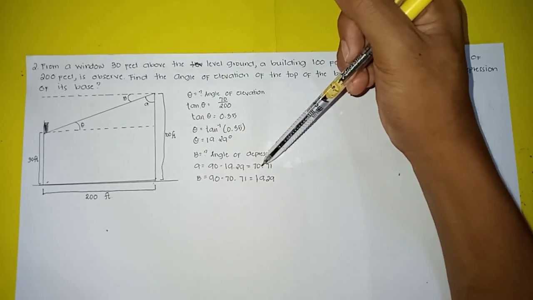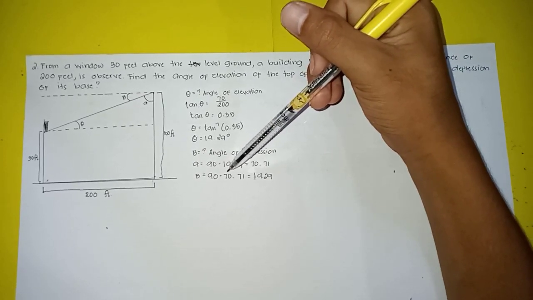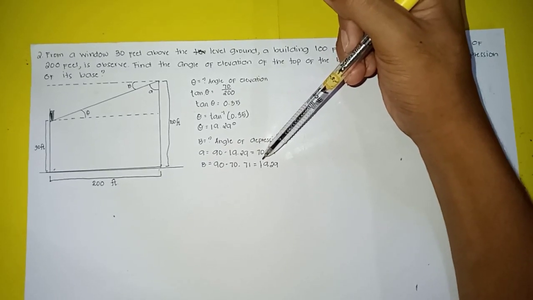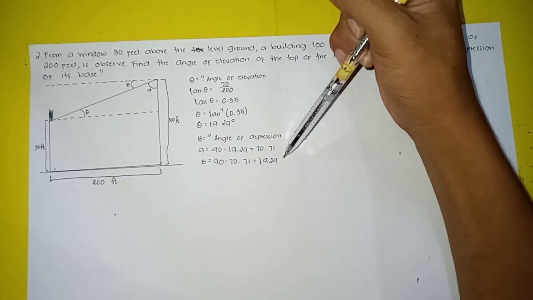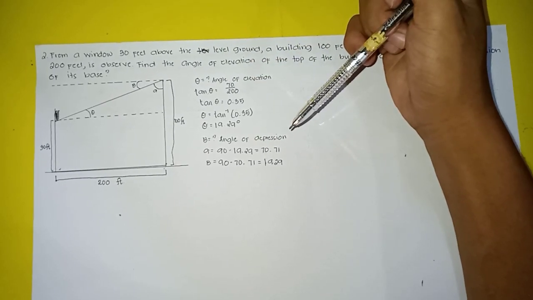The answer will be 70.71, and then 90 minus 70.71, the answer will be 19.29. So that is your angle of depression and your angle of elevation.